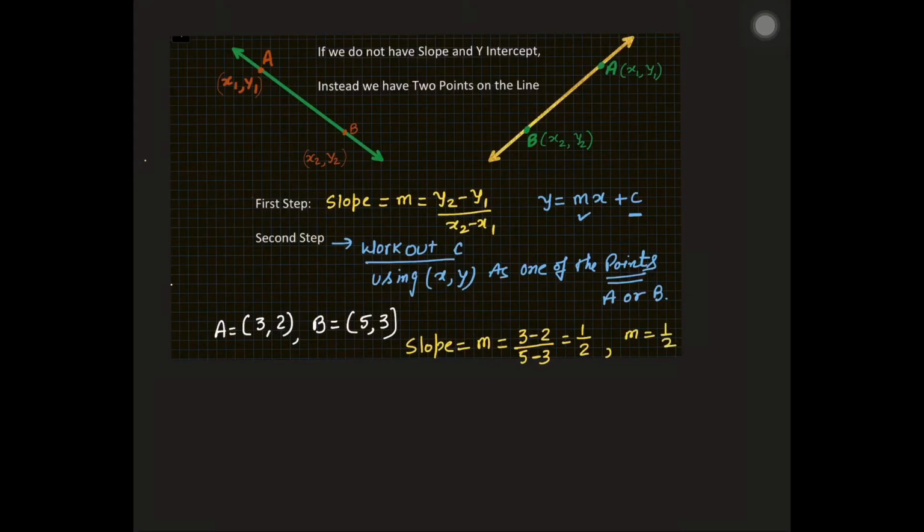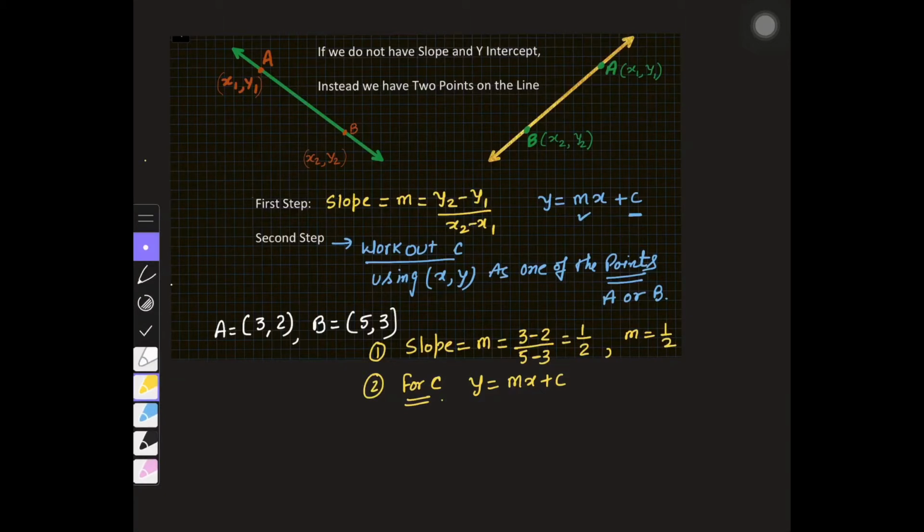Now m is 1 over 2, so we should look for the y-intercept, which is c. We will use point A or B; it's your wish which one you would like to use. So let's use A. x is 3, y is 2.